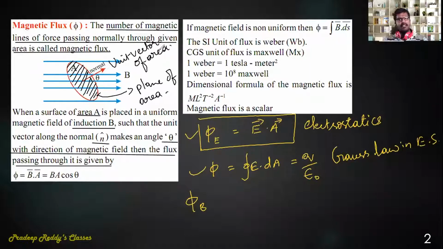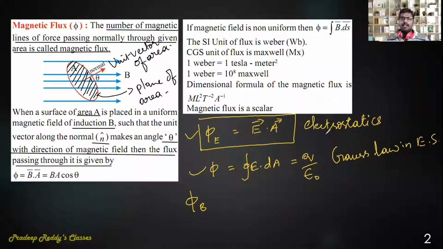In the figure, it is clearly noted that the unit vector of area is always perpendicular to the plane of the area. Remember that. So if the plane is in this direction, the unit vector will be like this. If the plane is in this direction, the unit vector will be perpendicular to that.